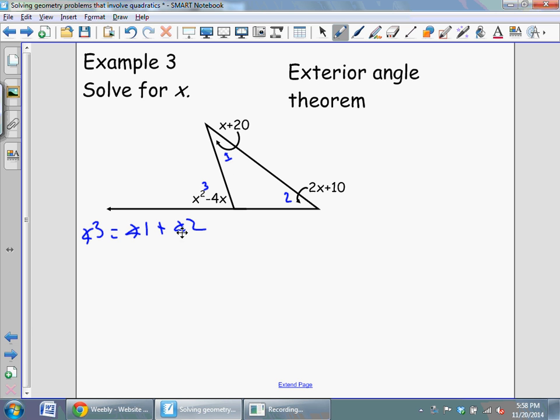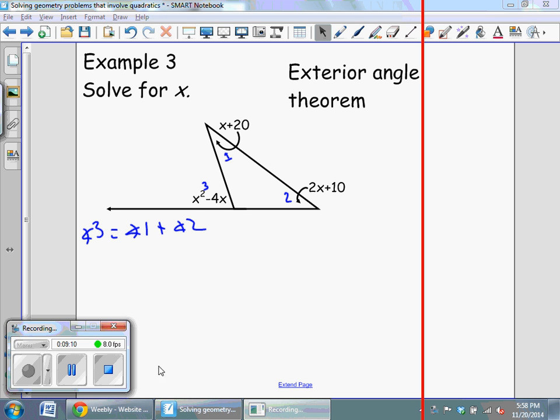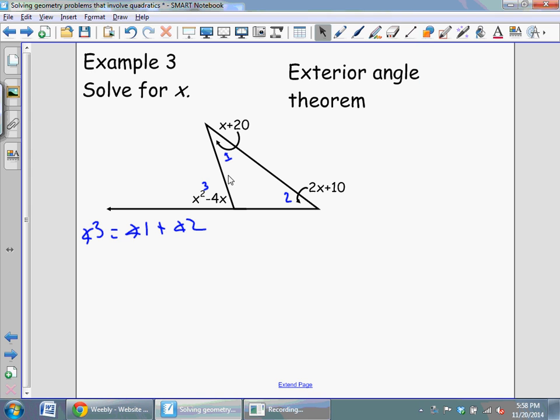The outside angle is equal to the sum of the two non-adjacent interior angles. So we substitute. When we substitute, we're going to get x squared minus 4x equals x plus 20 plus 2x plus 10, and you have a quadratic here.